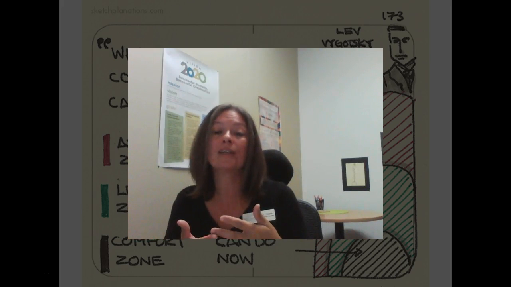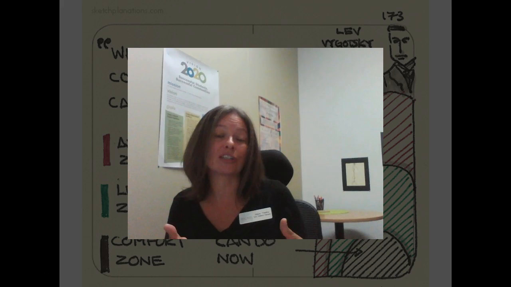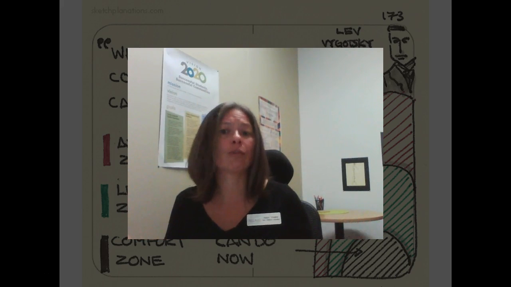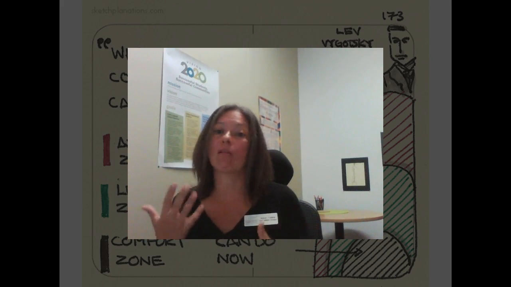So what we're really trying to do is use the zone of proximal development to adapt our teaching and instruction for each individual child, because we know not every 3-year-old is going to have the same zone, that there's going to be different strategies we're going to need to use for individual children. And again, this is all about the art and science of teaching.